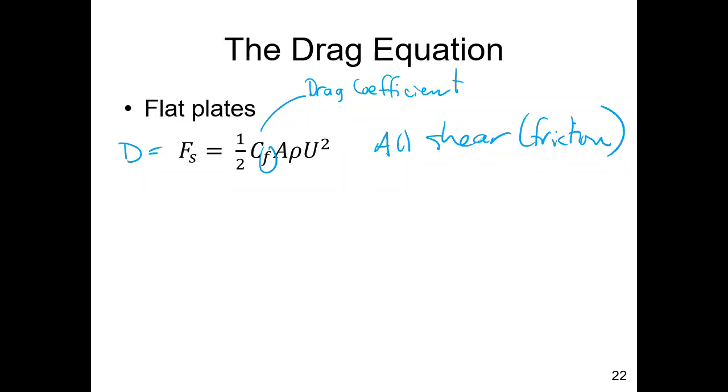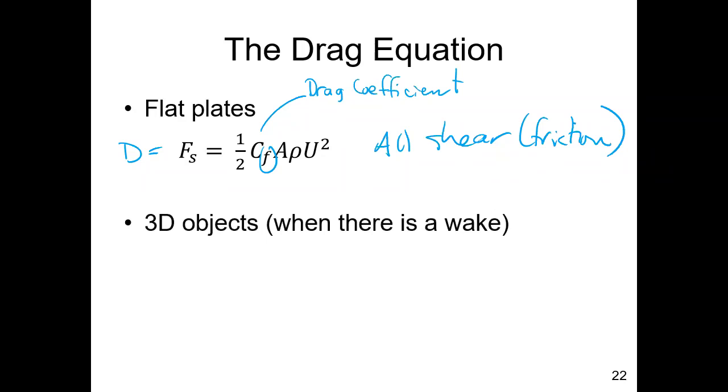A is the area over which the friction is occurring. Rho is the density of the fluid. U is the free stream velocity, the relative velocity between the free stream and the fluid. For 3D objects, whether it's a sphere, a bicyclist, a parachutist, or any three-dimensional object, your drag equation looks very similar.